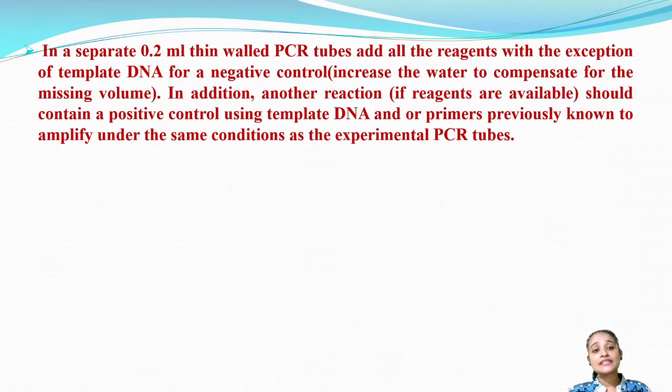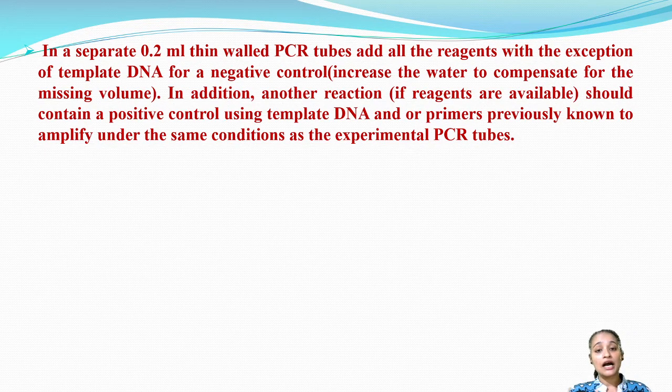So in separate 0.2 ml thin walled PCR tubes, you need to add all the reagents with the exception of template DNA. You need to keep in consideration that for a negative control, you need not add a template DNA, because when you add a template DNA, it will become a positive control. So increase the water to compensate for the missing volume, but you need not add a template DNA for your negative control.